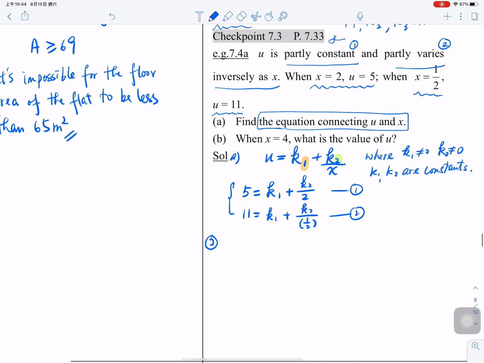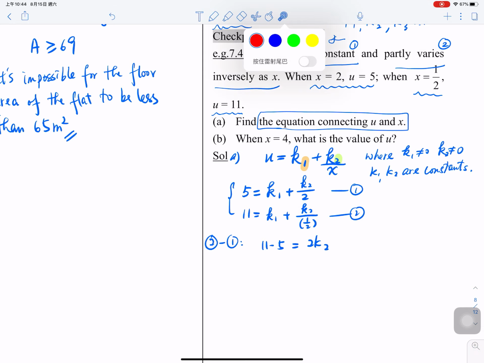So the second one minus the first one, then you get that 11 minus 5 equals 2k1, sorry, 2k2, because k1 and k1 cancel out, minus each other. So 2k2 minus 1 over 2k2.